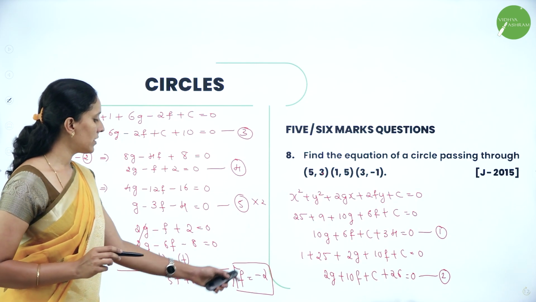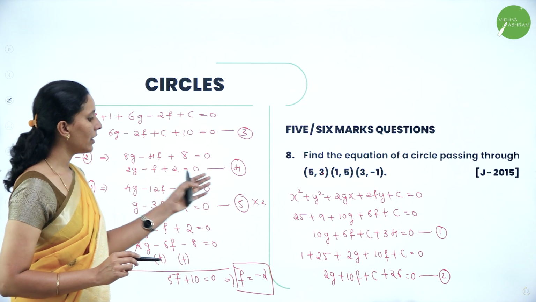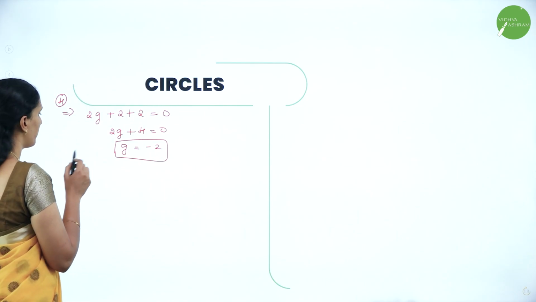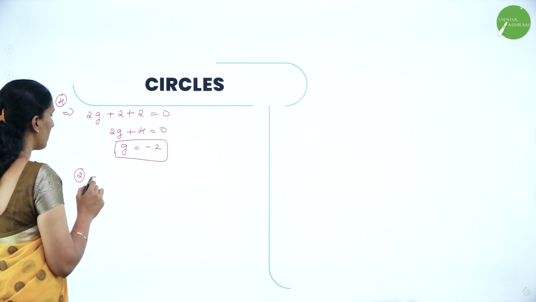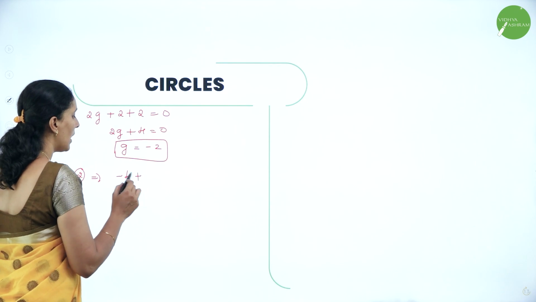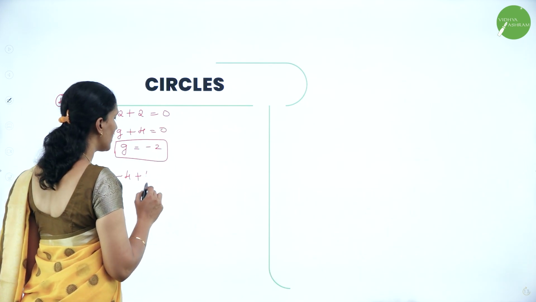Now you have f is equal to minus 2, g is equal to minus 2. Substitute in any one of the equations given. So let's take equation 2 now. So equation 2 implies 2g, that is 2 into minus 2, minus 4, plus 10f, 10 into minus 2, minus 20 we'll get.